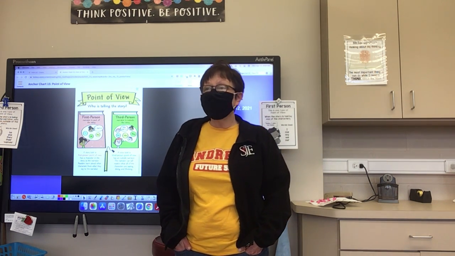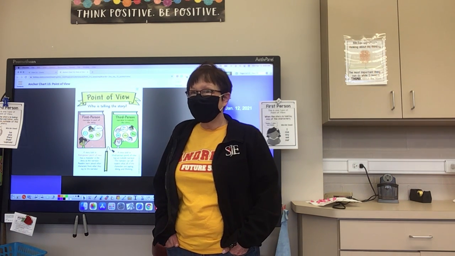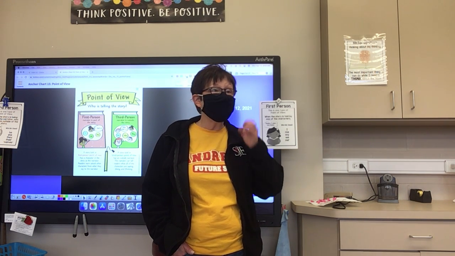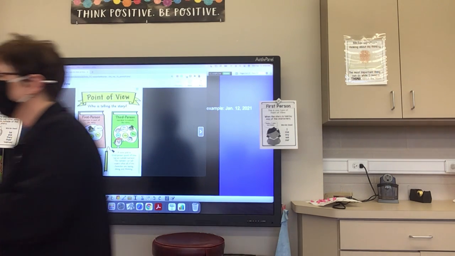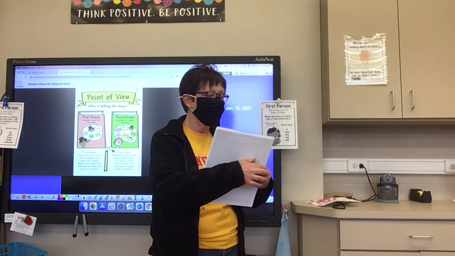So boys and girls, a lot of stories are told from third person. Here's what we're going to do. We are going to practice with that. I have a story for us to read. It's just a short story. We're going to read a short selection, and we're going to try to decide what point of view the story is being told from.